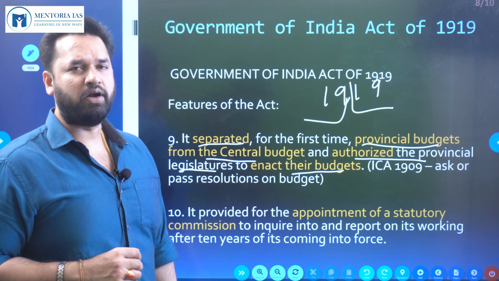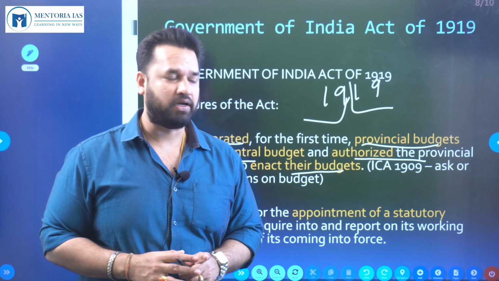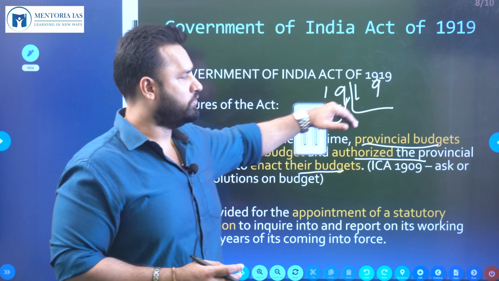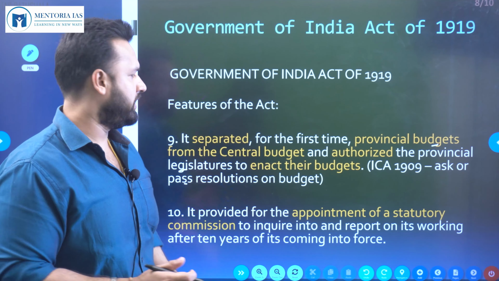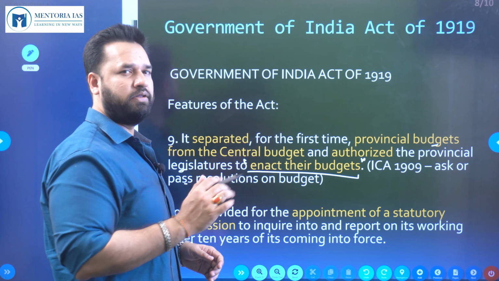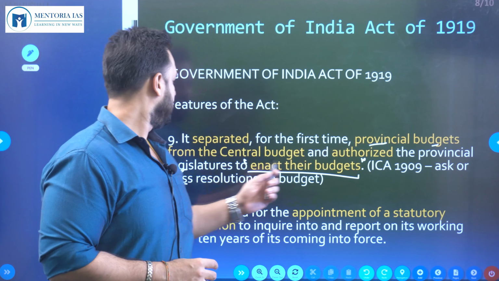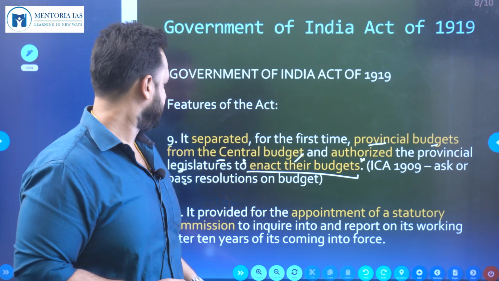You remember in 1909, you can ask certain questions, you can pass a resolution on the budget. But now, in 1919, it is a huge development that the provinces can enact their own budget. You have to remember it. It is important.